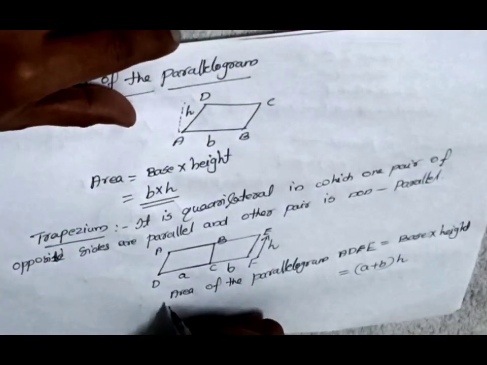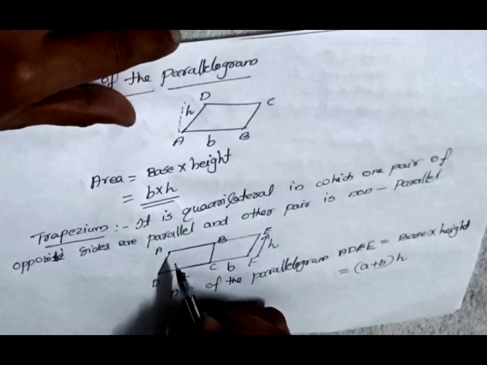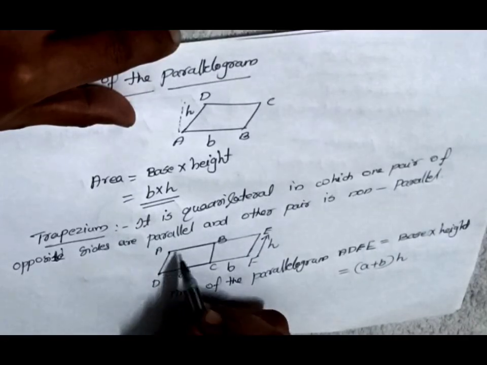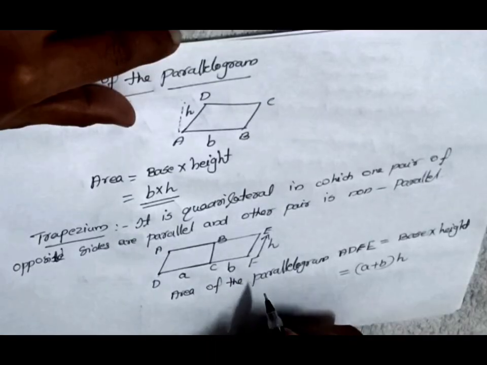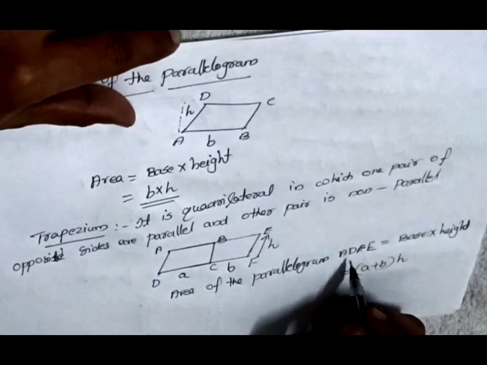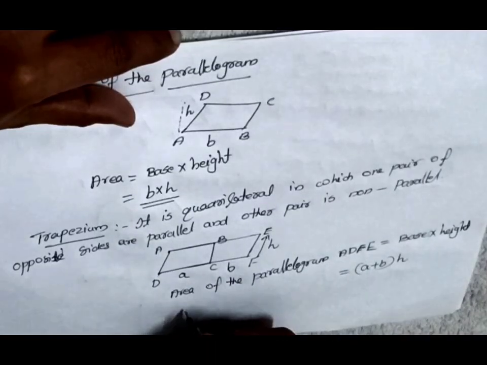Now, let us consider the area of this trapezium ABCD. How can we find it out? This is half of the area of the parallelogram ADFE.